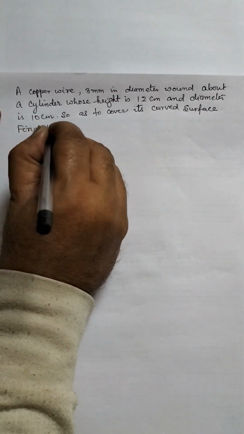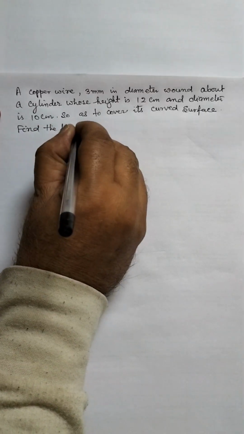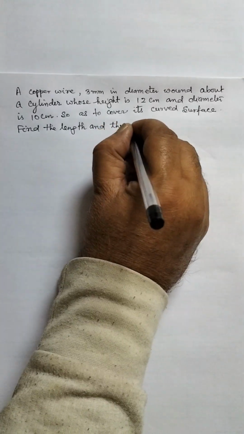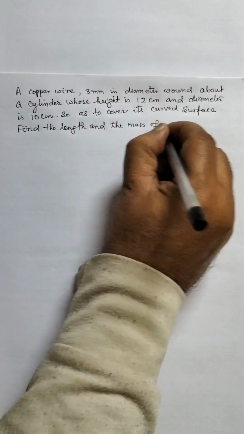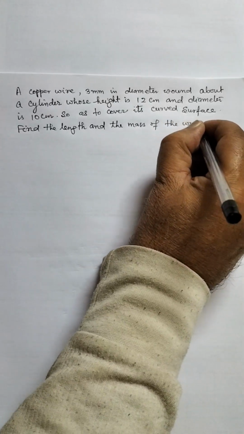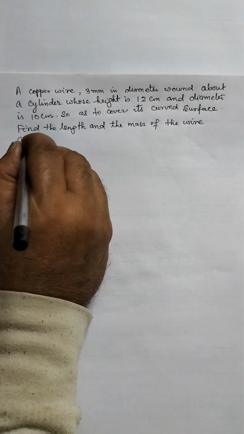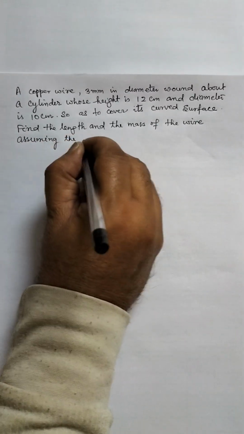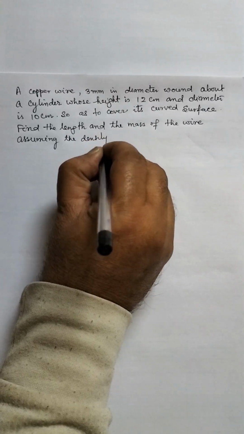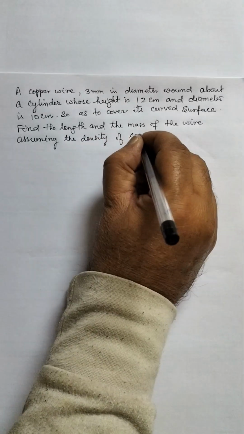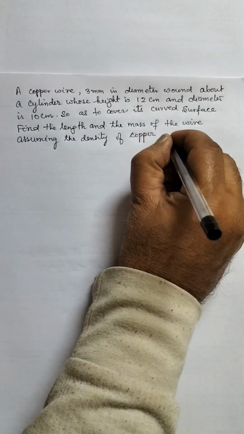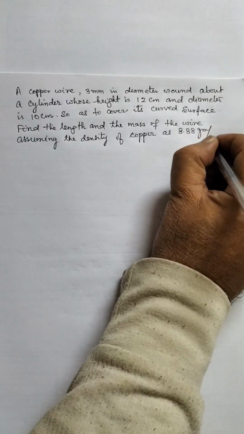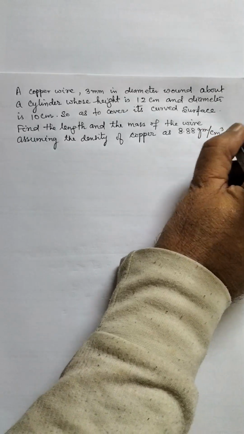Find the length and the mass of the wire, assuming the density of copper as 8.88 grams per cubic centimeter.